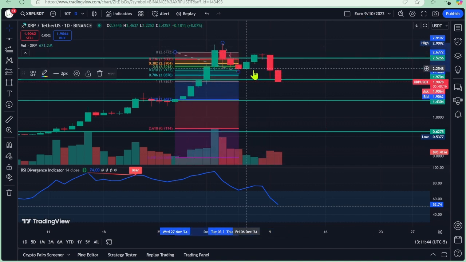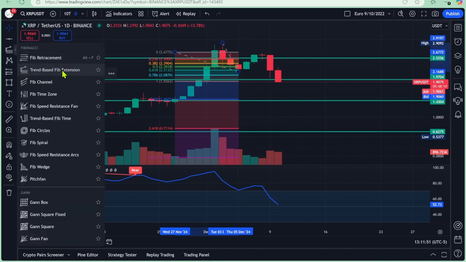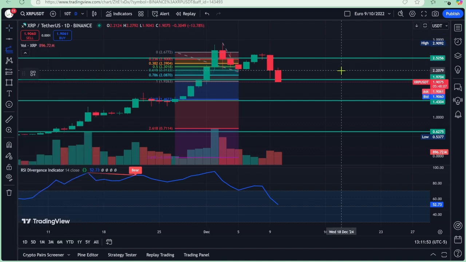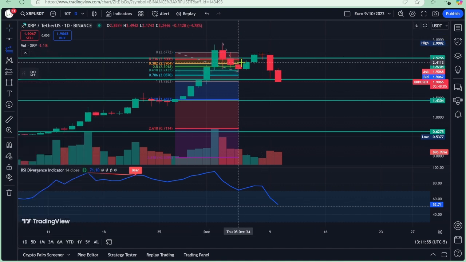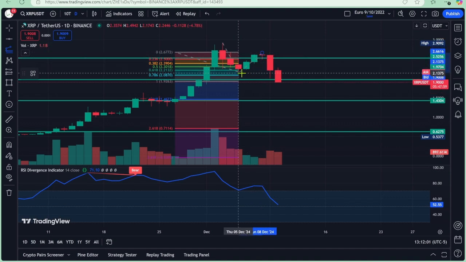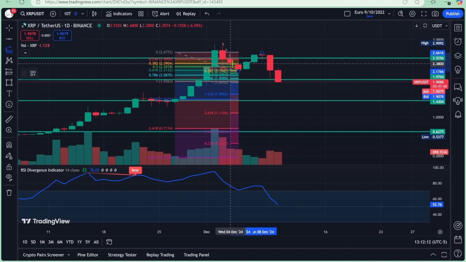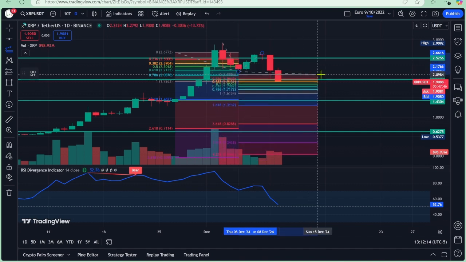Let's do an extension off of this down wave right here. So I'm going to go back in, and in this case, I'm going to do a fib trend-based extension, and I'm going to start at the top of this wave and move down to the bottom of this wave and then draw it across. That way it shows me the extension as if this thing is going to start going down.